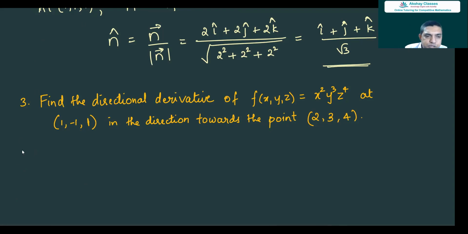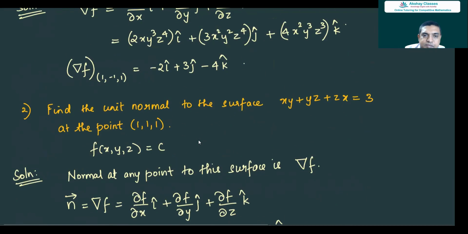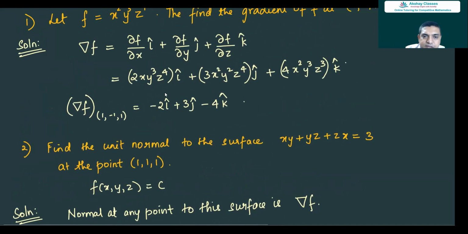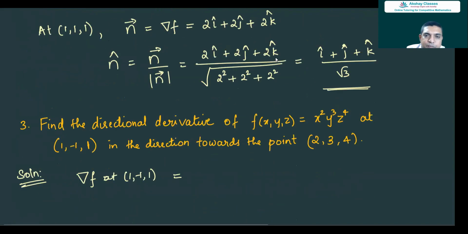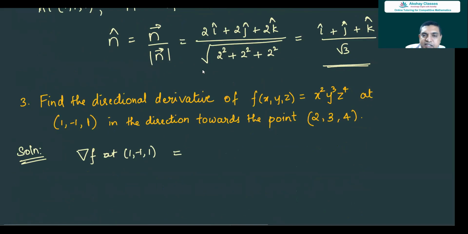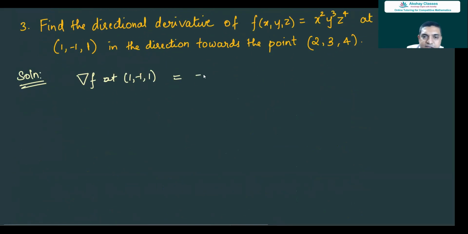So solution. Now grad f, we found grad f is this. Grad f at 1 comma minus 1 comma 1 is equal to minus 2i plus 3j minus 4k.